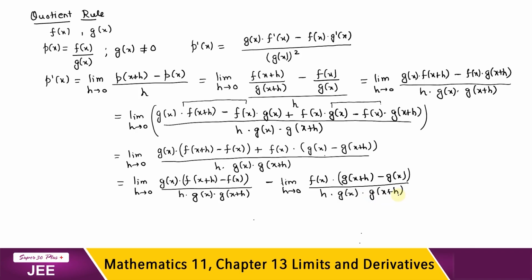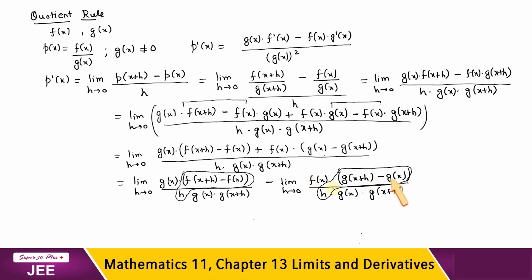Alright students, now observe carefully that this f of x plus h minus f of x divided by h becomes f dash x when limit h is approaching 0, and this expression over here, that is g of x plus h minus g x divided by h, when limit h approaches 0, this also becomes equal to what? g dash x.